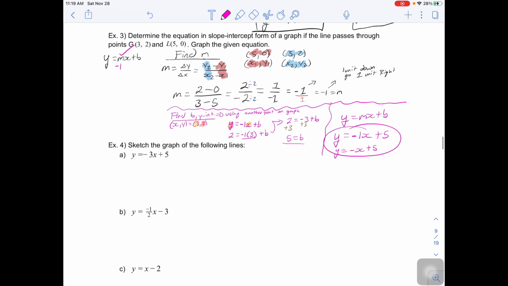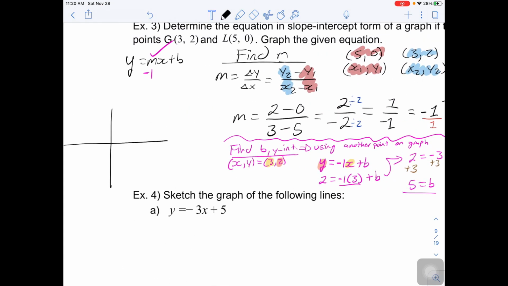So there is our equation of our graph. If you were to draw this thing out, you absolutely could. So let's go 1, 2, 3, 4, 5 and 1, 2, 3, 4, and 5.